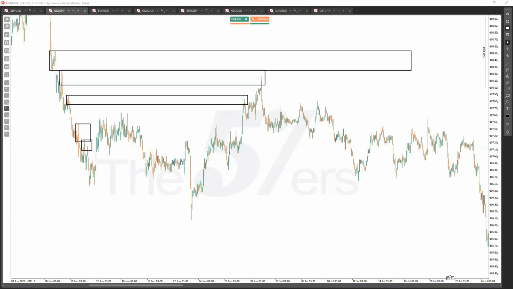Richard is asking, what do I recommend if we see stacking zones, one on top of each other? There is a very simple rule to that.